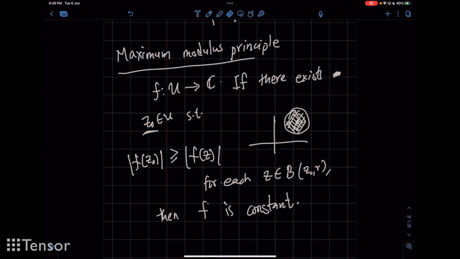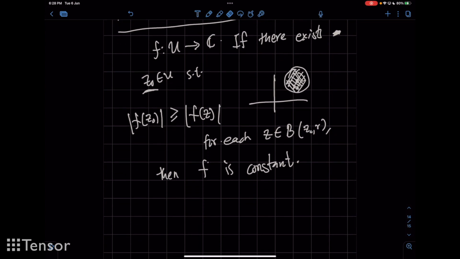And obviously, needless to say, this is not true in real numbers. For example, for sin x, at this point, the absolute value of sin x is locally maximum, right?